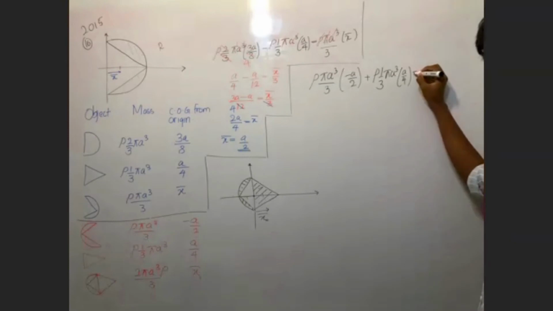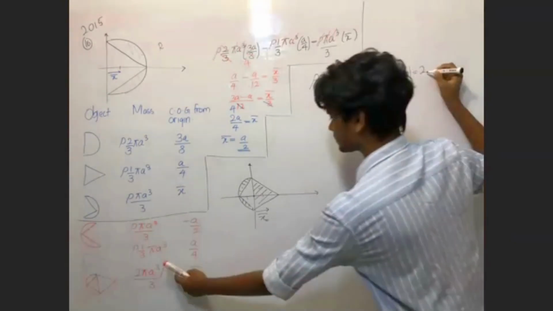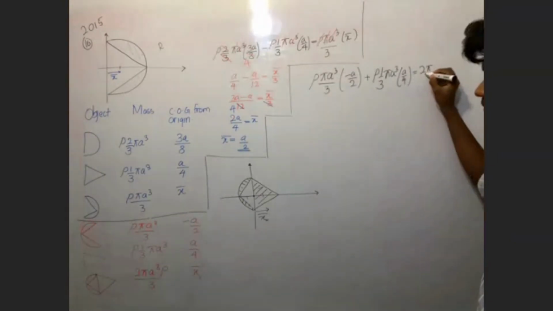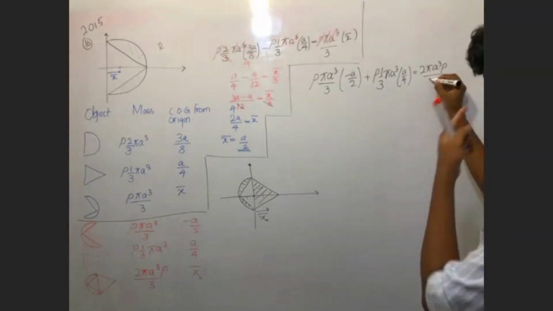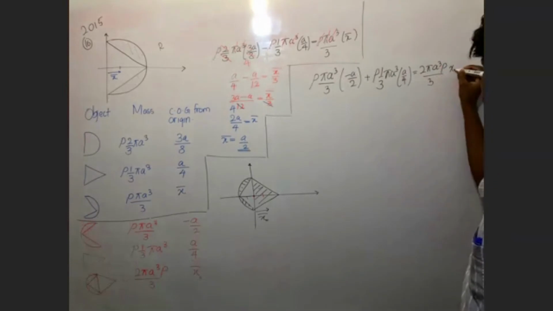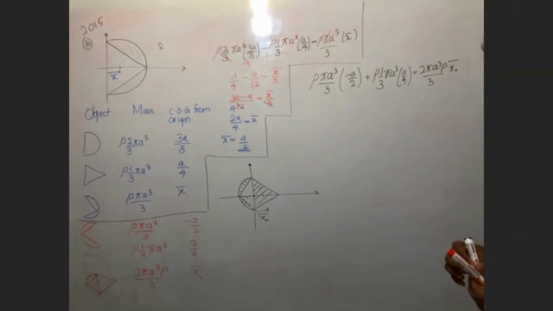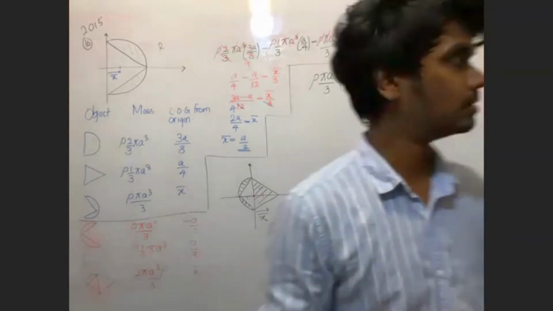It's going to give you this product, 2 phi a cube rho over 3 x naught bar. Right? x naught bar.